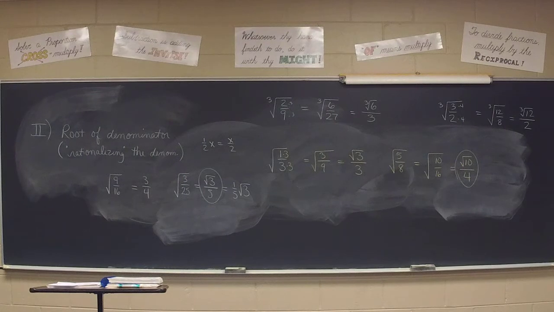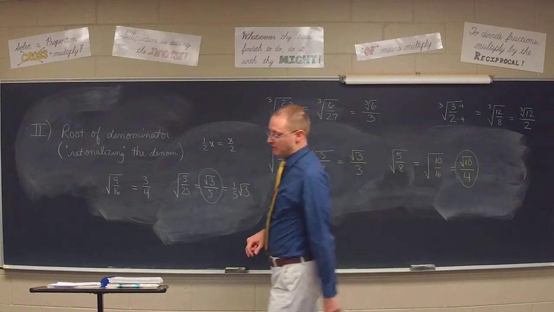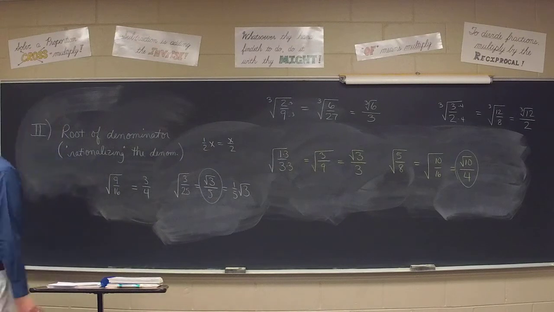Probably need to work them on your own paper because, as you can see, there's not a whole lot of room to work directly on the handout. But figure out what number that denominator needs to be. If it's already good, wonderful. That's what we showed the first couple times. But if that denominator's no good, make it good.